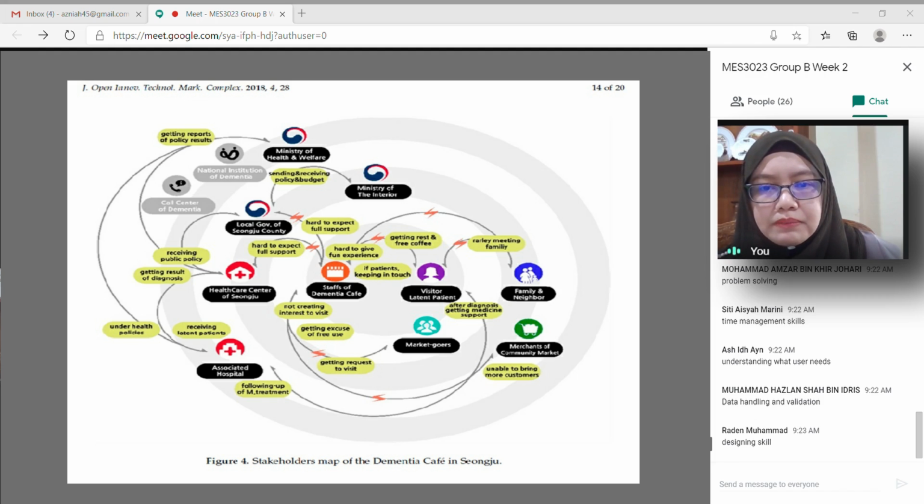So let's start with the middle stakeholders there. The staff of the dementia cafe are clearly the people who directly contact the software used in the cafe. We also have the visitor.